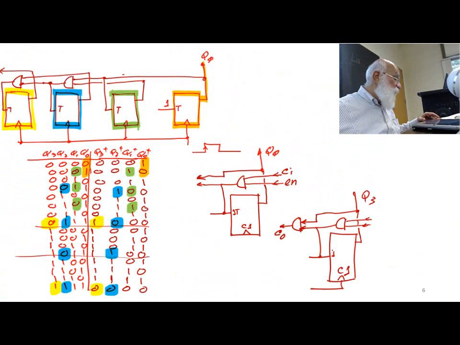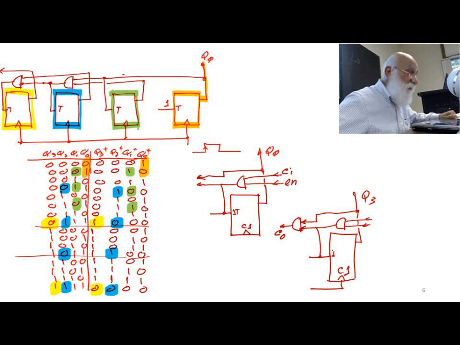Whereas this counter is a much better counter, and even though there is delay there because we have to wait for the AND gate output to become stable, once the clock arrives, they are all clocked at the same time, and therefore the outputs change at the same time.